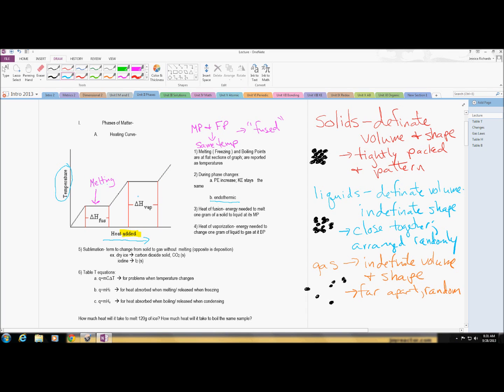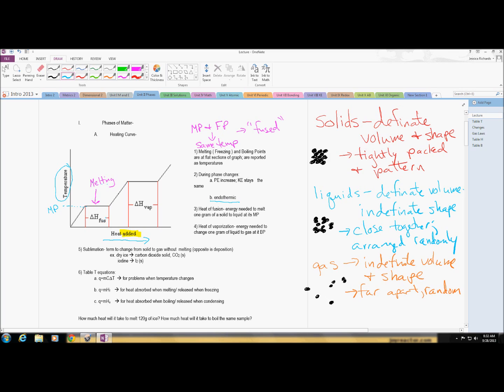The temperature during these flat portions doesn't change. A lot of times we think of melting an ice cube, the temperature must be going up. But the temperature is not going up, the temperature is staying the same. That temperature is called our melting point, and I'm just going to abbreviate that MP.